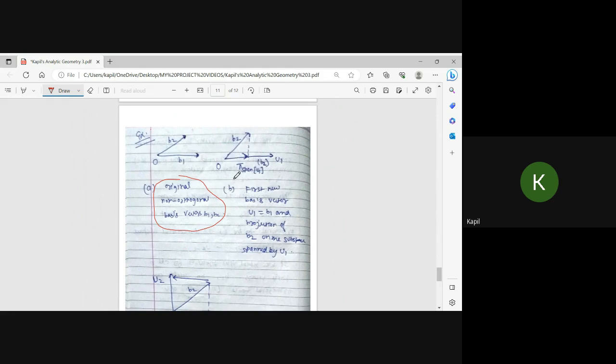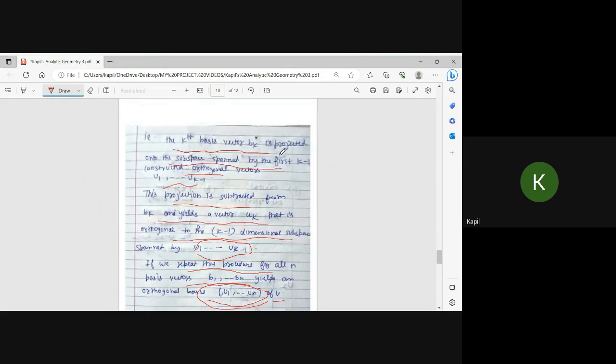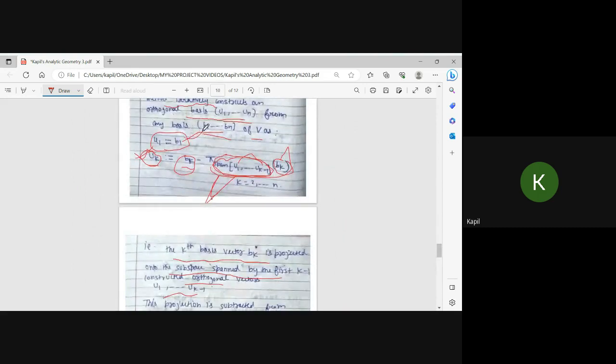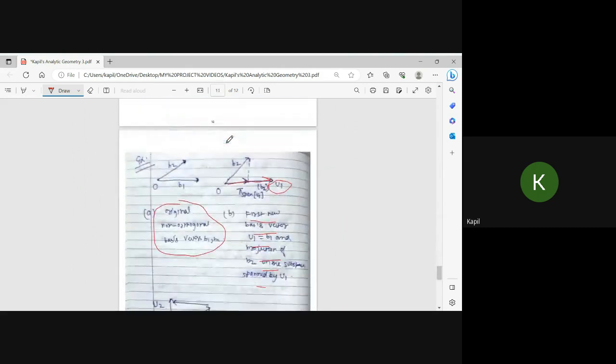After this, the first new basis vector is u1, which is equal to b1. Next is the projection of b2 on the subspace spanned by u1. We have generated one orthogonal vector, u1, and u1 must be equal to b1.